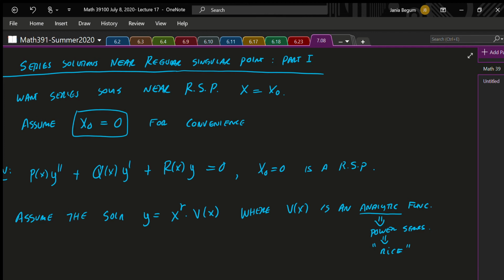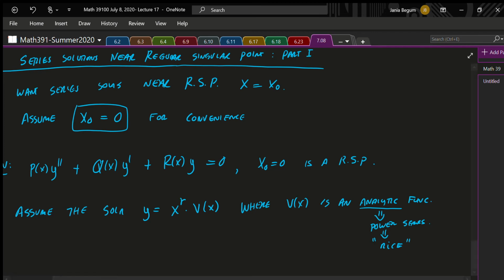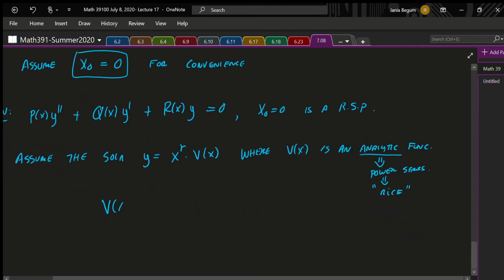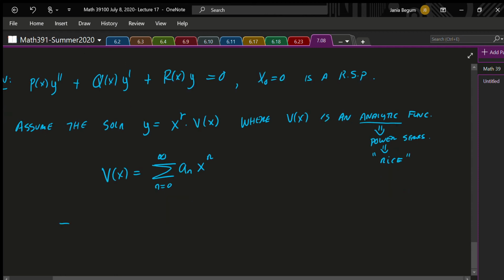Well, we know how to represent power series, right? So that means v of x is the infinite sum starting at n equals 0 to infinity, a n times x minus x naught, but x naught is 0, so it's just x to the n. And that's what I'm going to substitute into the solution we're assuming. So our solution is going to look like x to the r times this infinite sum, n equals 0 to infinity a n x to the n.